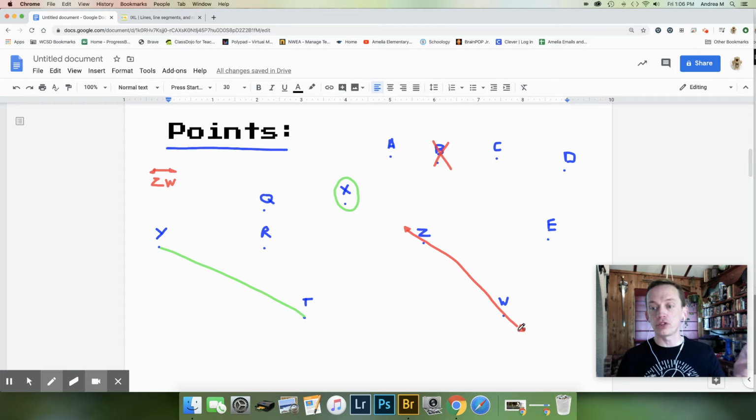Lines go in both directions, never ever stop. There's arrows at both ends, and that symbol at the top shows that. It is named ZW, or we could say WZ. That's the line that I just drew.